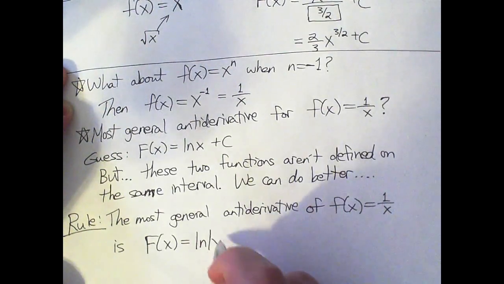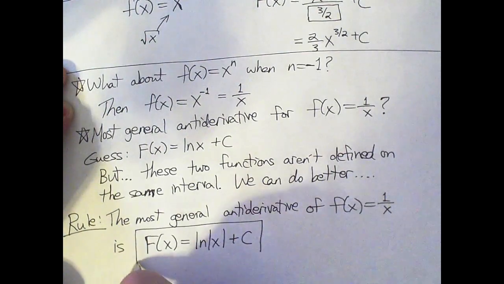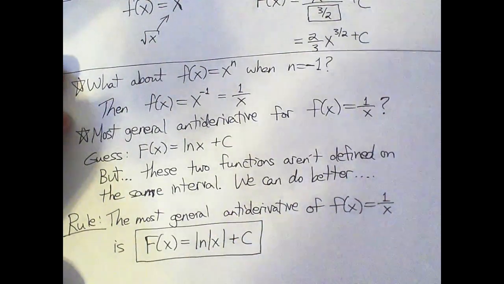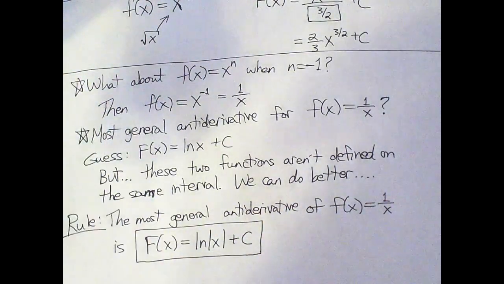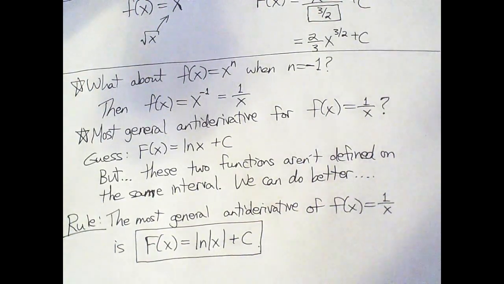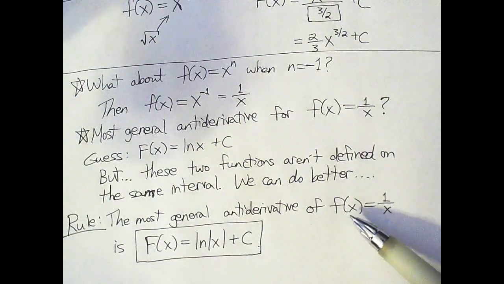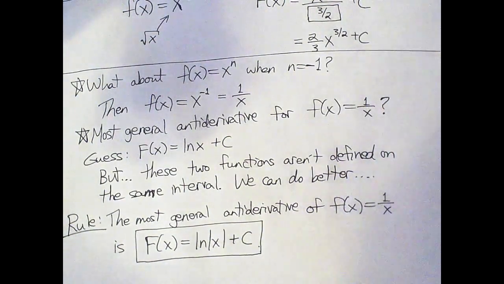Well, we just put absolute value around it, and that takes care of the issue for us. This is the only function where that's an issue, or at least the only one we're going to look at in this class. Now lowercase f of x and capital F of x have the same domain, which is all real numbers except for 0.